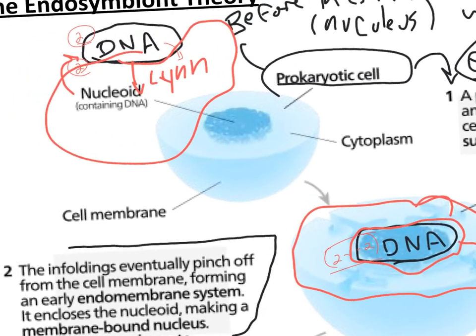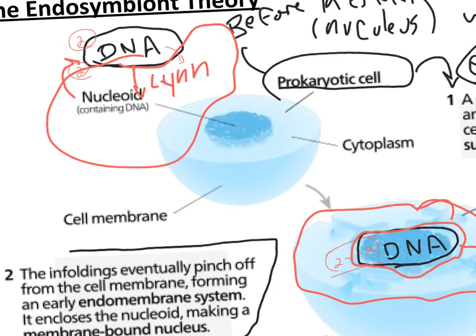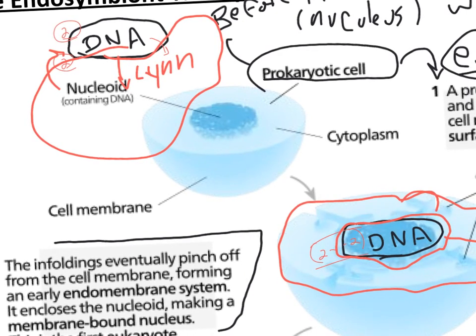Additionally, it is thought that the mitochondria, so I'll draw the universal sign for mitochondria there, and in plants, chloroplasts also, went into eukaryotic cells through endocytosis. So that got absorbed and that got absorbed.